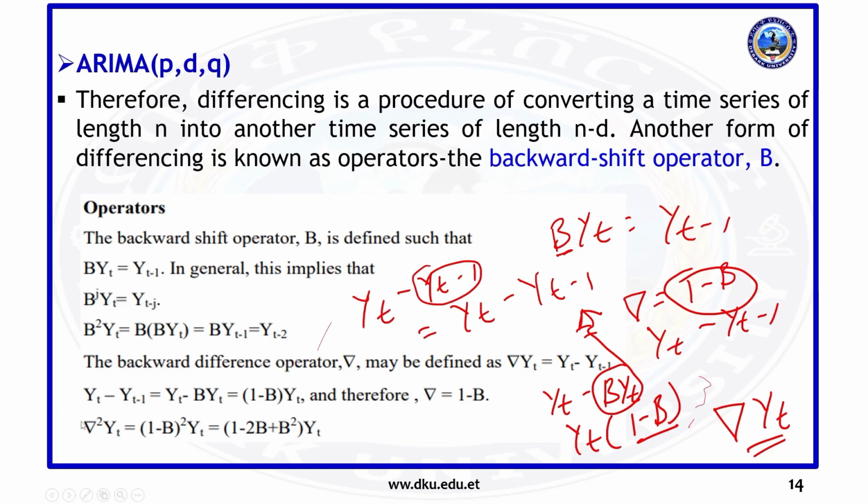The other case is when the power is increased: the second backward difference of Yt is equal to 1 minus B squared applied to Yt.